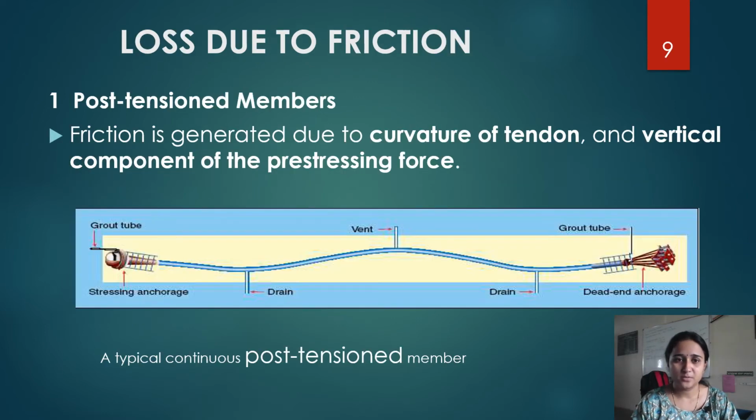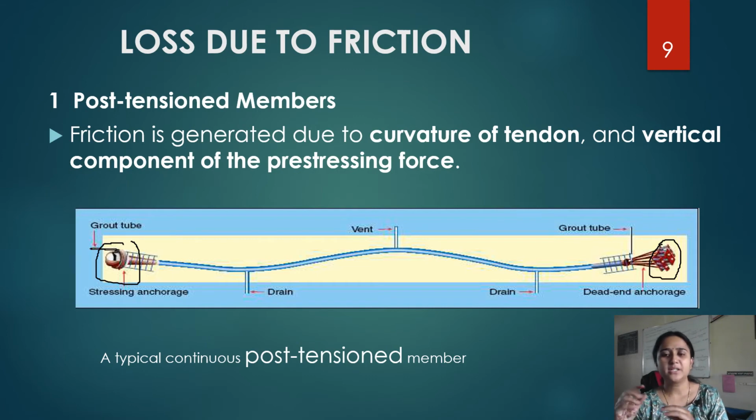Then loss due to friction in a post tension member. See this diagram. This is one tendon provided here, this is the anchorage system, and this is the grout tube. We put that tendon in the duct, so there is some gap between duct and cable, and that will be filled using cement grout.